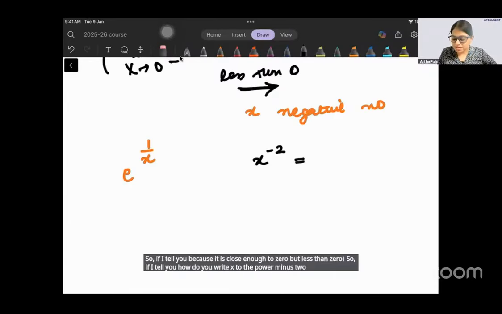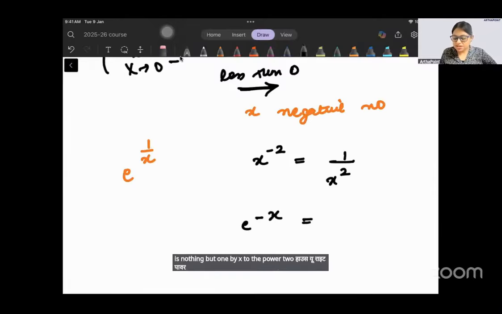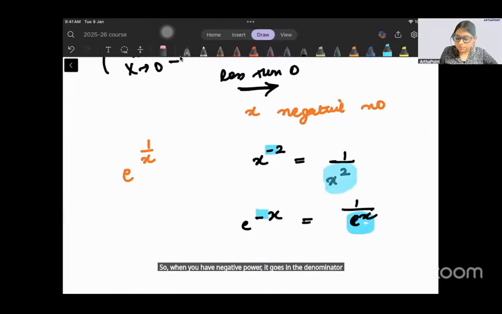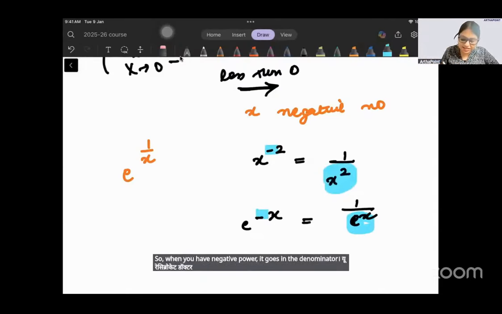You will tell me, ma'am, this is nothing but 1 by x to the power 2. How do you write e to the power minus x? Ma'am, it is nothing but 1 by e to the power x. So when you have negative power, it goes in the denominator. You reciprocate it.